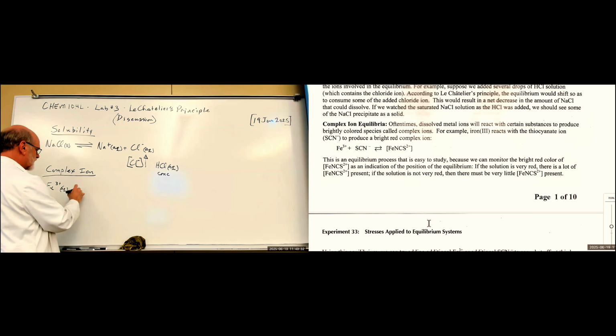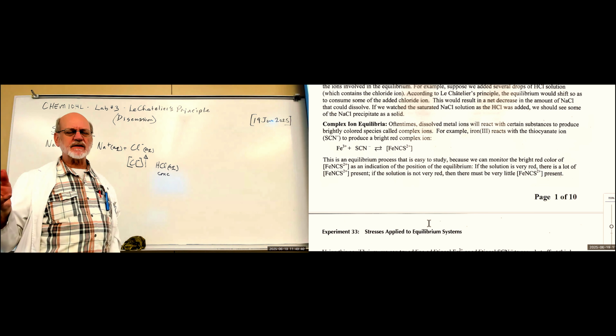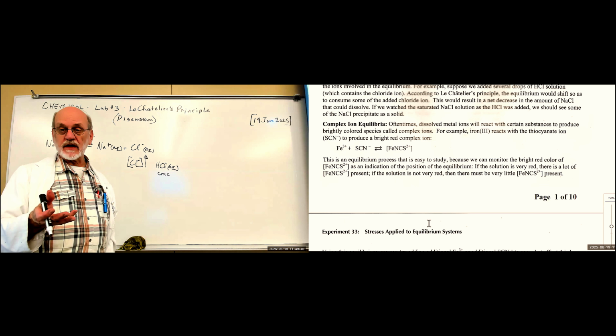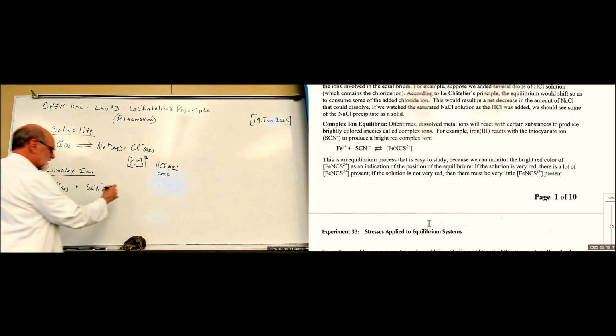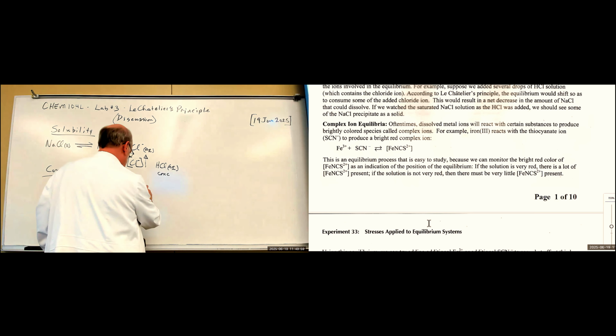And we also have thiocyanate ions. Okay? And they'll be added as probably potassium thiocyanate. So we have counter ions that are spectators, right? In this one, it's probably chloride, and this one is probably potassium. But this is our equation that we're setting up in equilibrium, and it produces a complex ion.